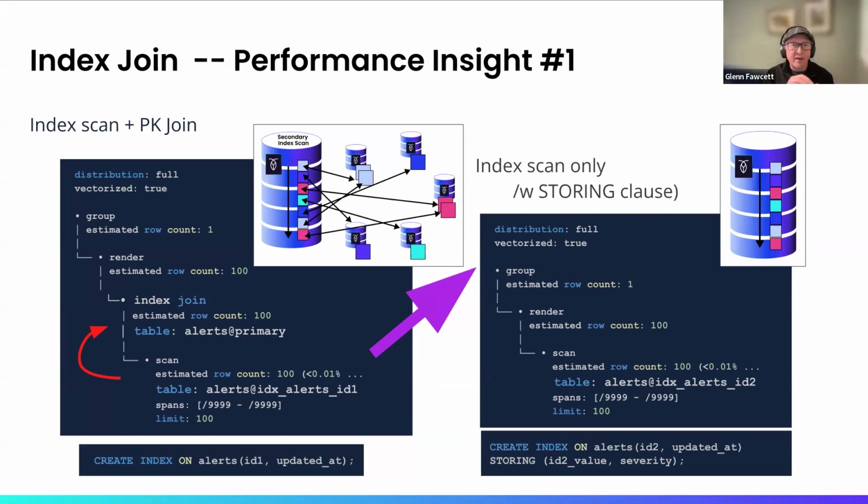But then it has to go out to all 100 additional reads. So with one read, instead of 101 reads, I can fill that if I use the storing clause. Next slide. That's potentially an order of magnitude faster.